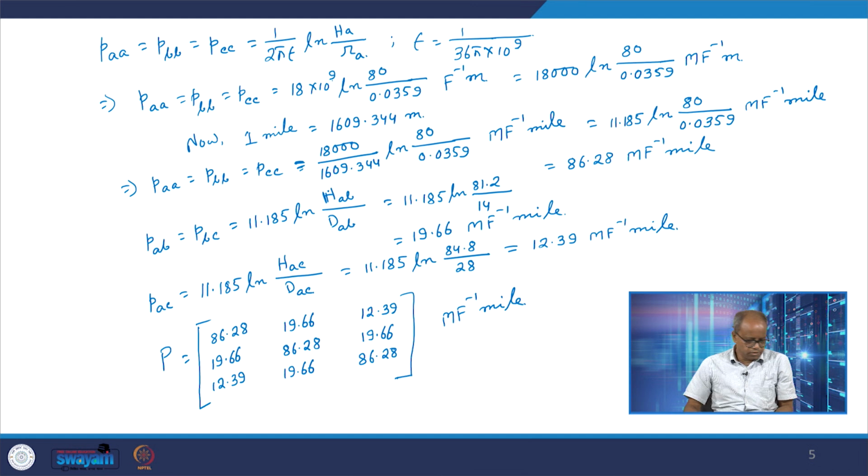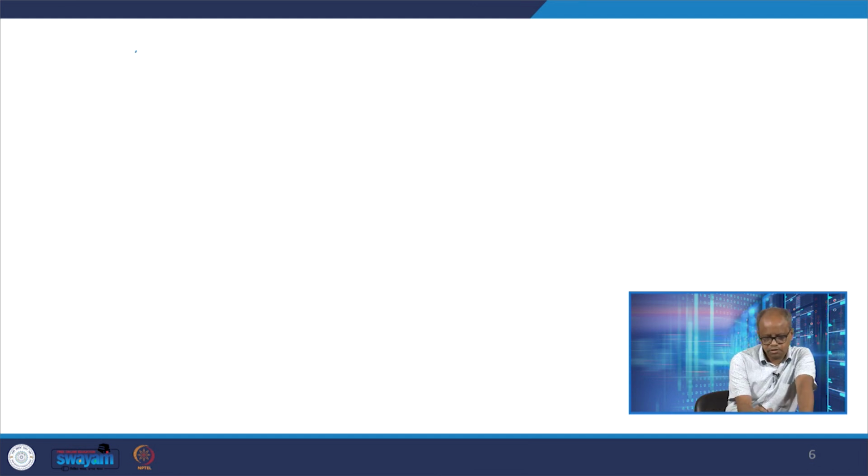So now if I do its inverse, so therefore C matrix is equal to P inverse.